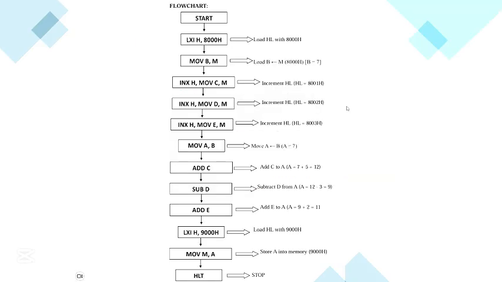Then for the flowchart, the first is the start, where the program begins. The next is LXI H, or load HL with 8000H, which loads the memory address into the register pair HL, high low.